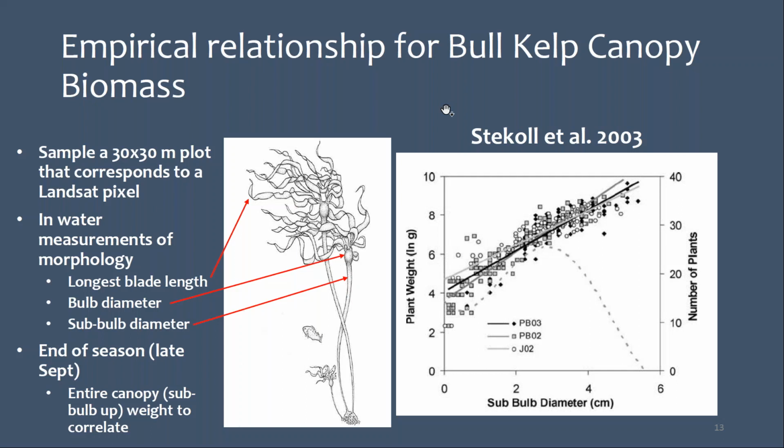But my plan is to pull these plants out at the end of the growing season, when the winter storms would rip them out anyway, and then develop the biomass estimation based on these plant morphology characteristics and plant weight.